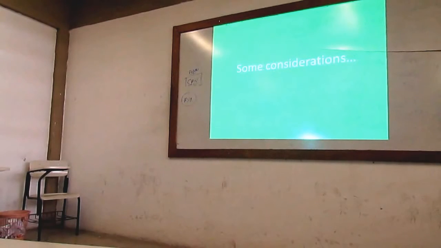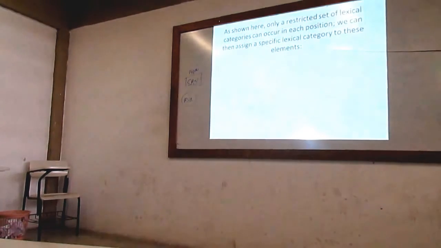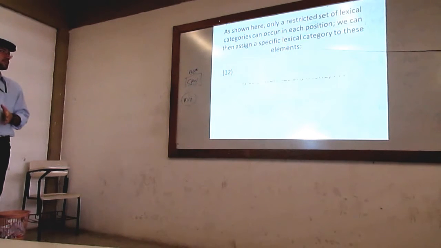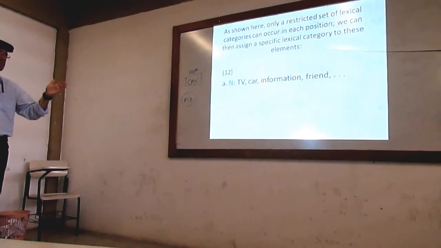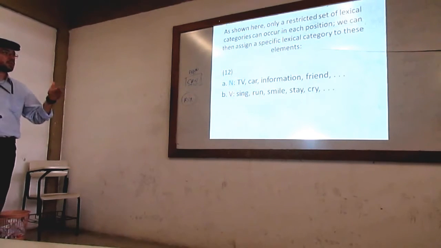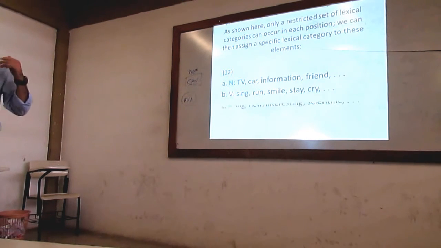Some considerations to do. As shown here, only a restricted set of lexical categories can occur in each position. We can then assign a specific lexical category to these elements. TV, car, information, and friends are considered nouns. Sing, run, verbs.